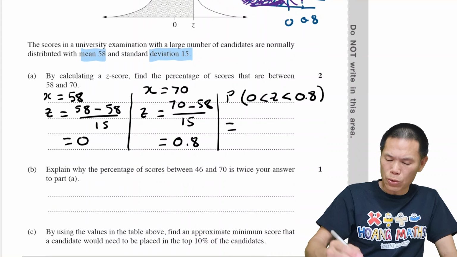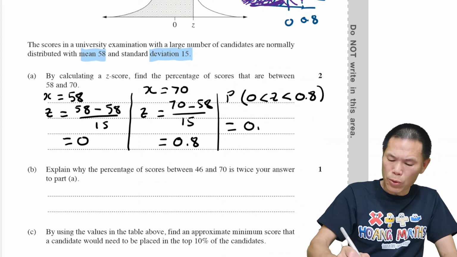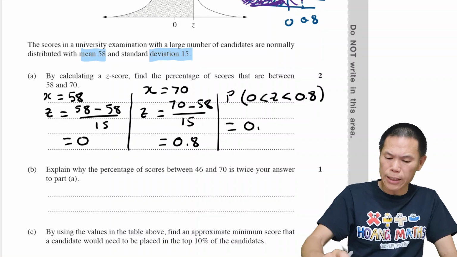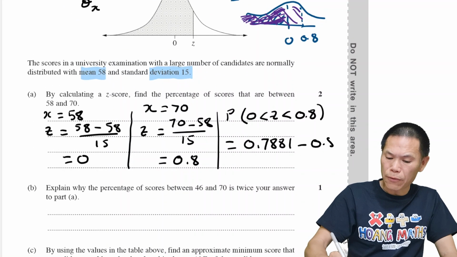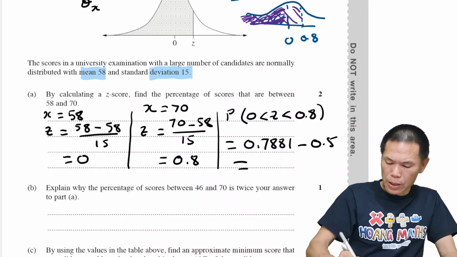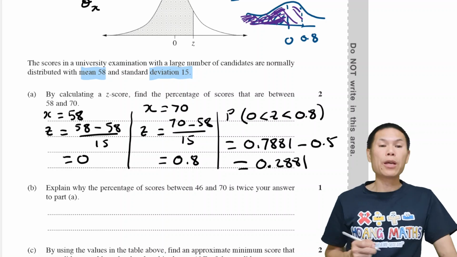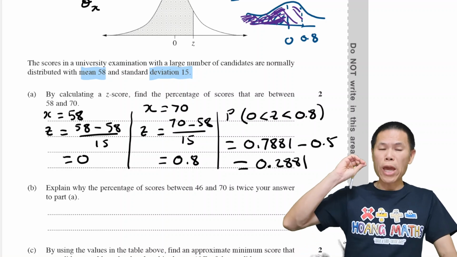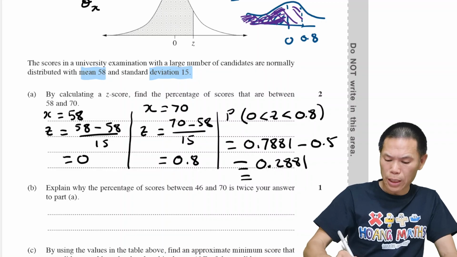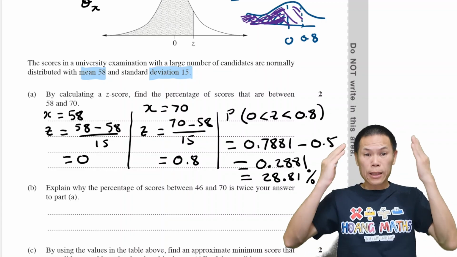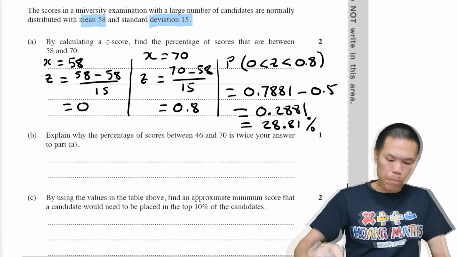So that is equal to 0.7881 minus 0.5, which gives me 0.2881. There you go. But we need to answer in terms of percentage, so times by 100. That is equal to 28.81%.